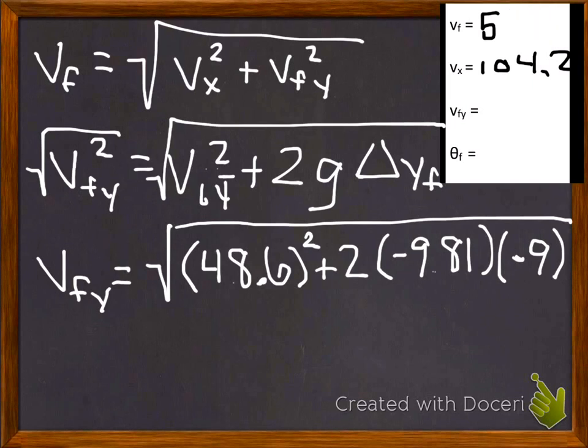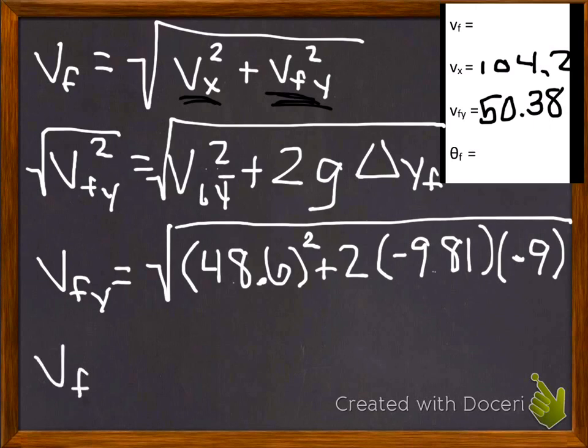And I wrote that in the wrong spot. Let me get that cleared up here. 50.38 for the final vertical component. So now that we have that vertical component, we can go back here. We have Vx, we have Vfy now. So we're ready to figure out the overall final velocity.